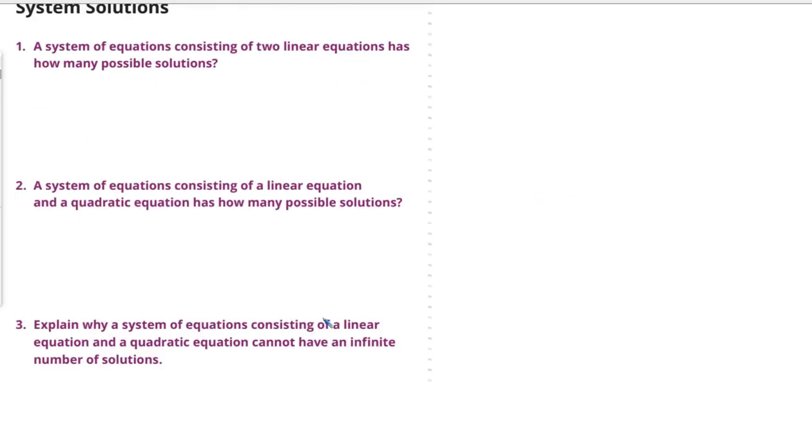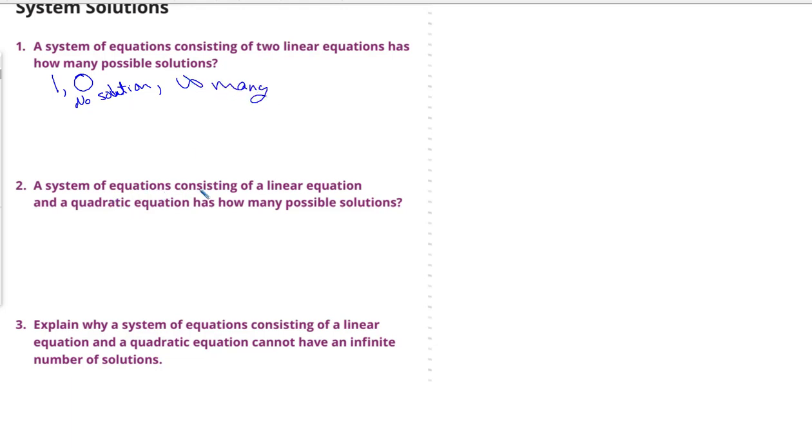So a system of equations consisting of two linear equations has how many possible solutions? Well, we could have one intersection, we can have 0 intersections or no solution, or we can have infinitely many.